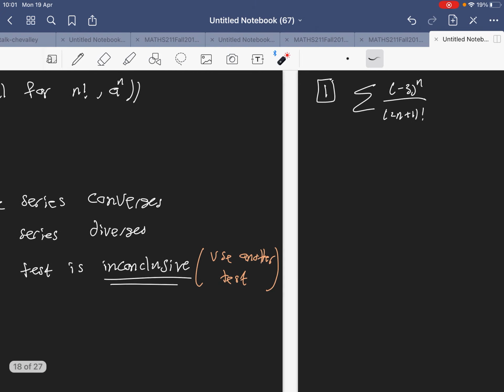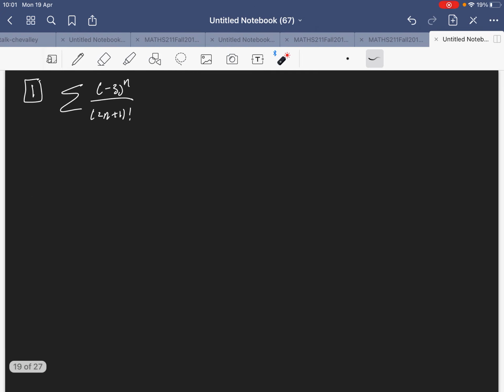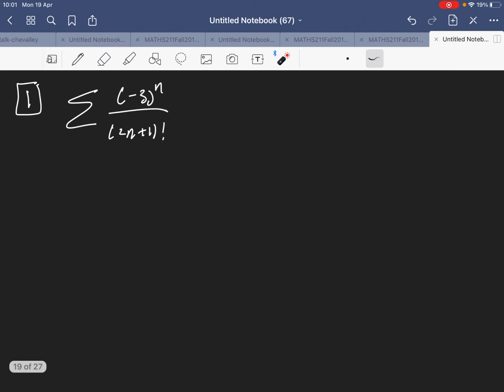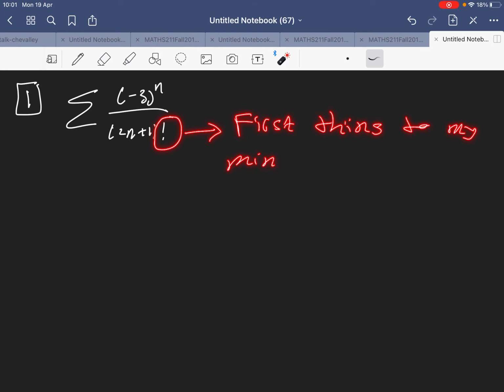Let me go ahead and show you a simple one here. Look at this series. Once I see a factorial, the first thing that came to my mind is the ratio test.